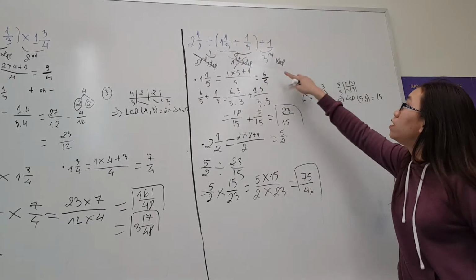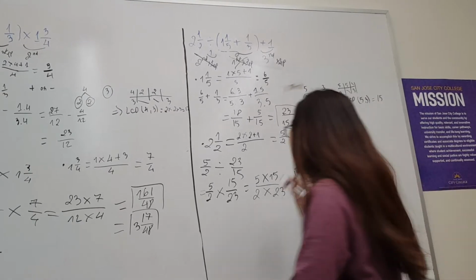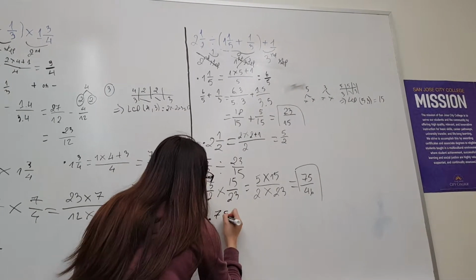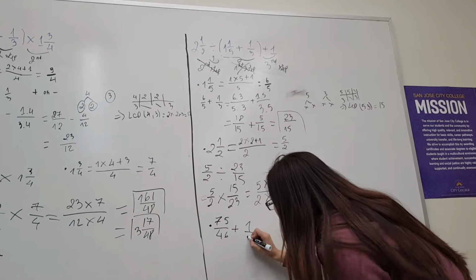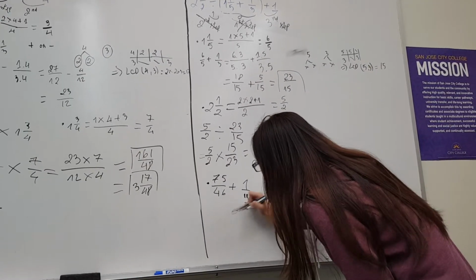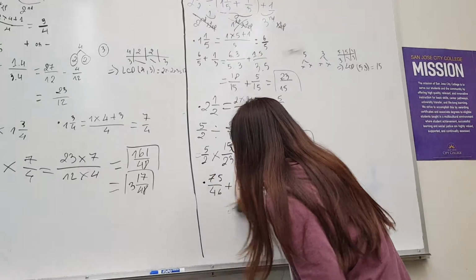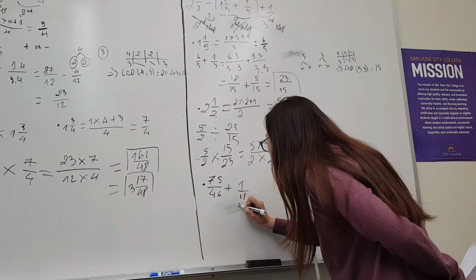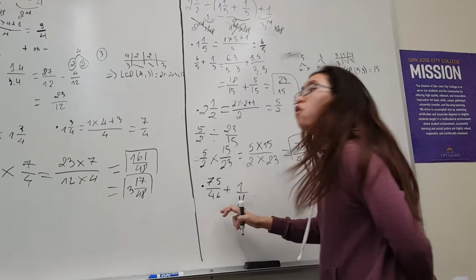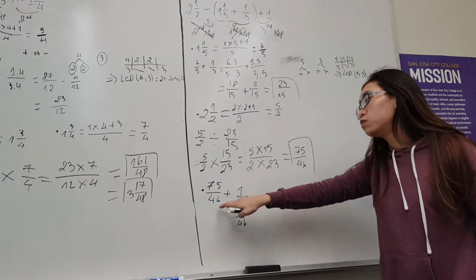Now, finally, you need to do the third step. 75/46 plus 1. Plus 1, it means equal to 46/46. Oh, it's easier when you do the math.